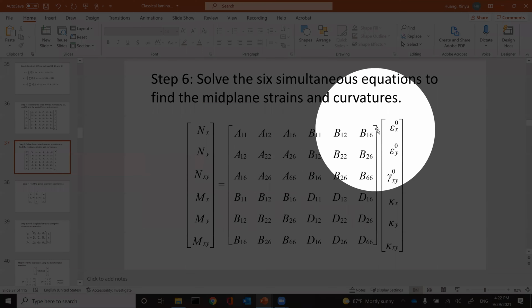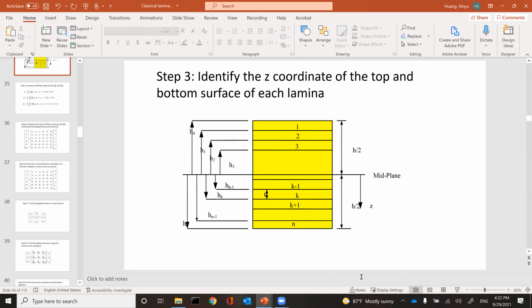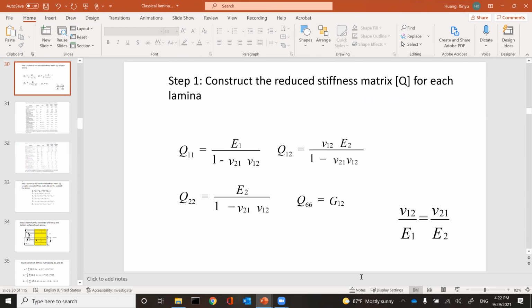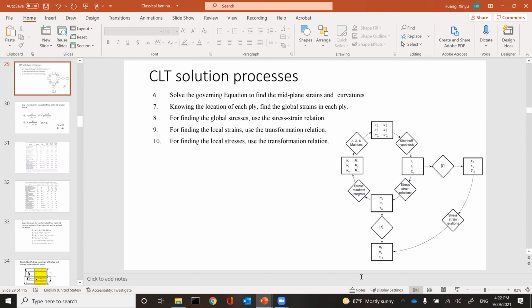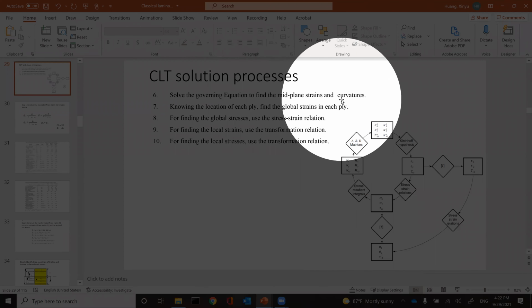And that gives me this solution. So you're going to have a solution, which is six numbers, which represent the unknowns. All right, so that's step number 6: solve the governing equation to find the midplane strain and the curvatures.